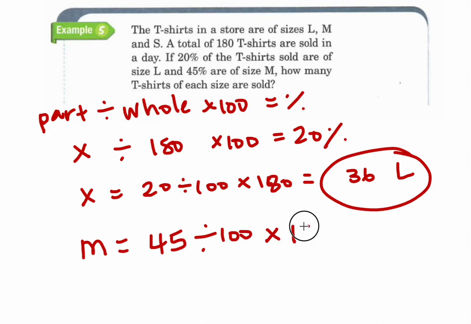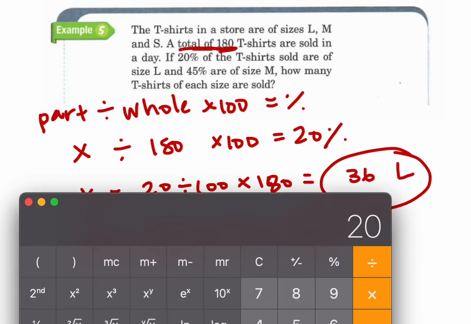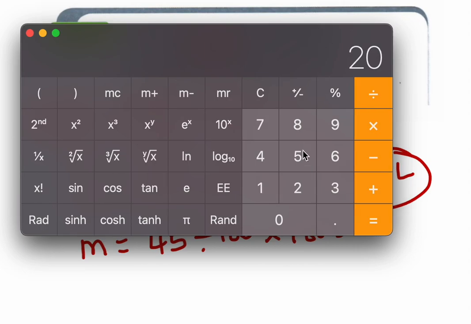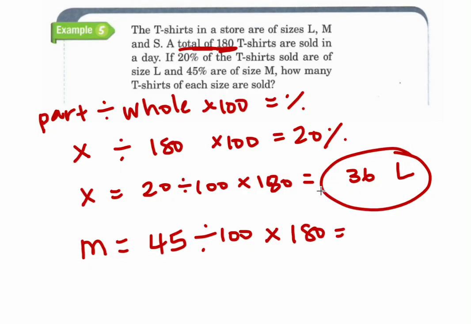And then times 180, because normally you would divide by 180, the whole, the total. And then you could do that to get to your answer. So 45, clear that, 45 divided by 100, inverse operations, and then times 180, the whole, instead of dividing, and you get 81, what is that, mediums.